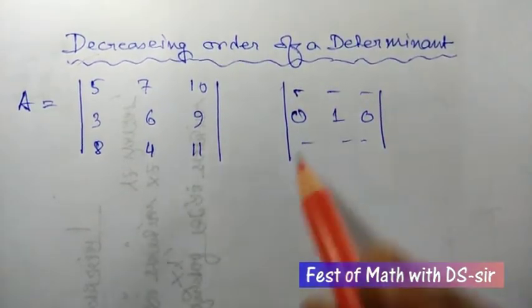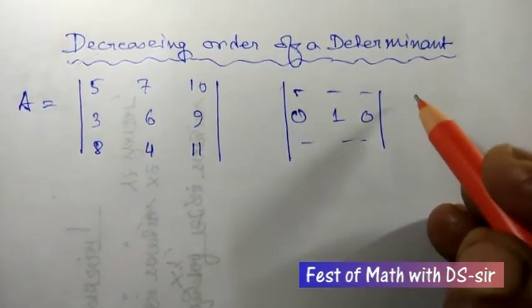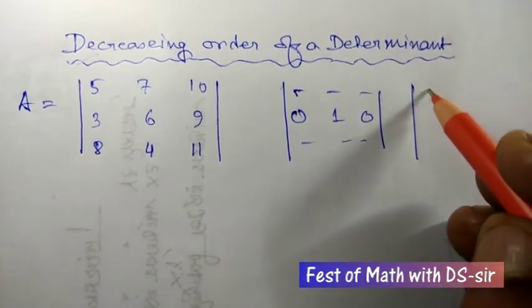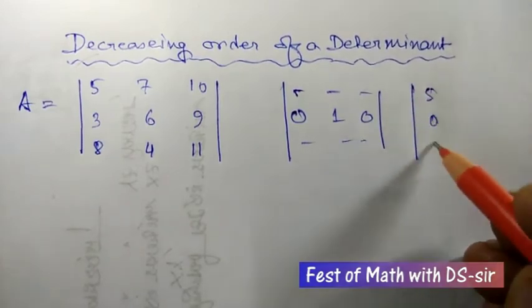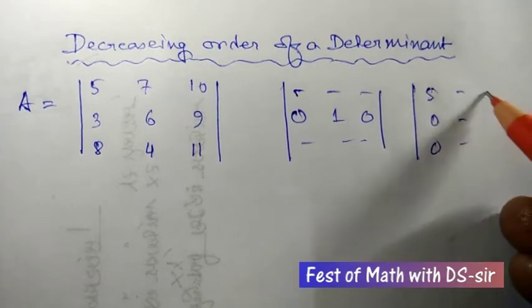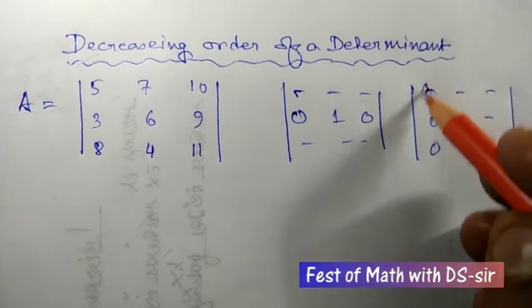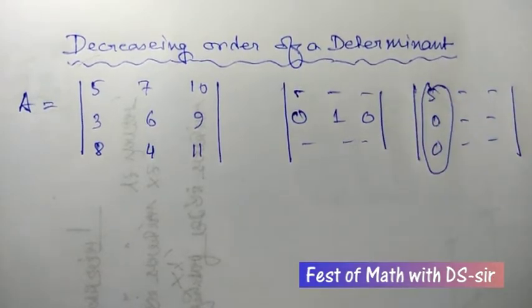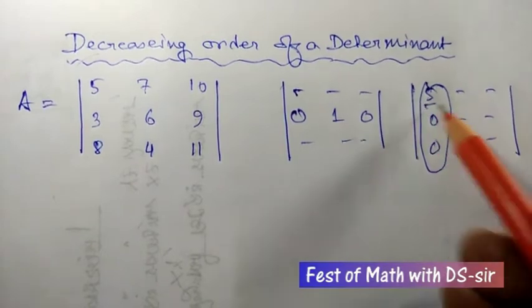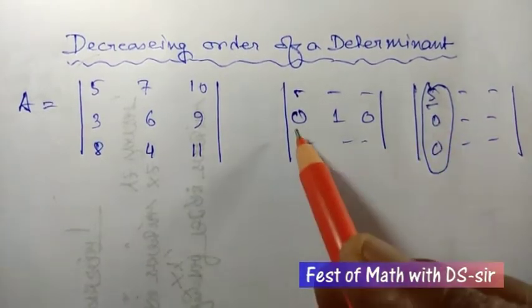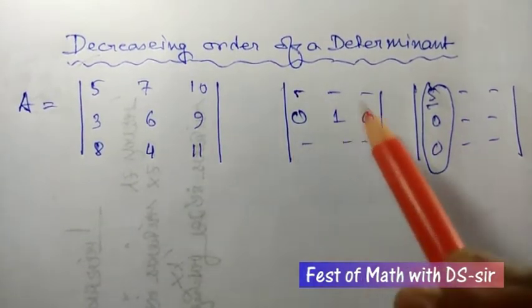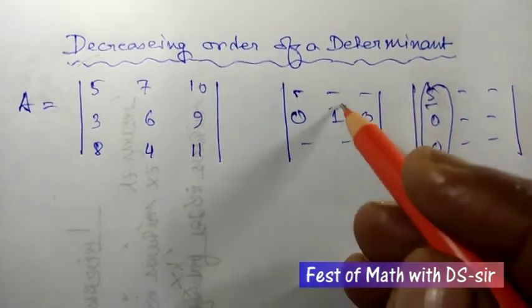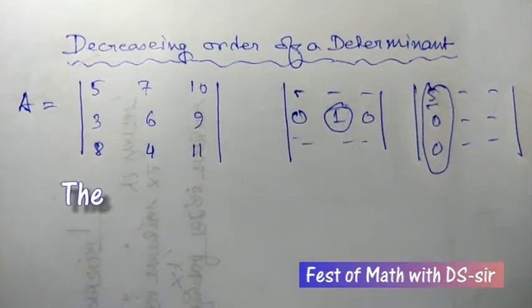So if I convert the first row, or the form 5, 0, 0, dash, dash, dash, like this. So the first column contains only one non-zero and all other elements 0. The second row contains only one non-zero element and all other elements are 0.